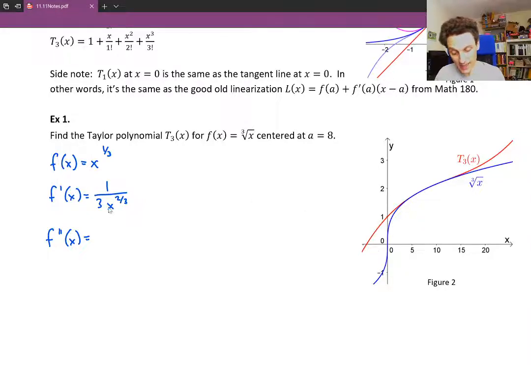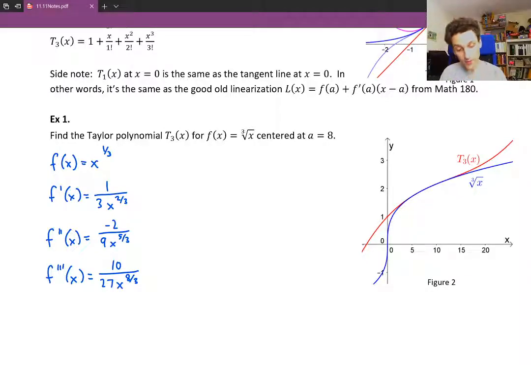Now this is really x to the negative 2/3, so that negative 2/3 when you multiply it in front gives you negative 2/9. But then the negative 2/3 minus 1 gives you negative 5/3, which is a 5/3 exponent on the bottom. The third derivative, you multiply the negative 5/3 and you get 10 over 27, x to the 8/3.